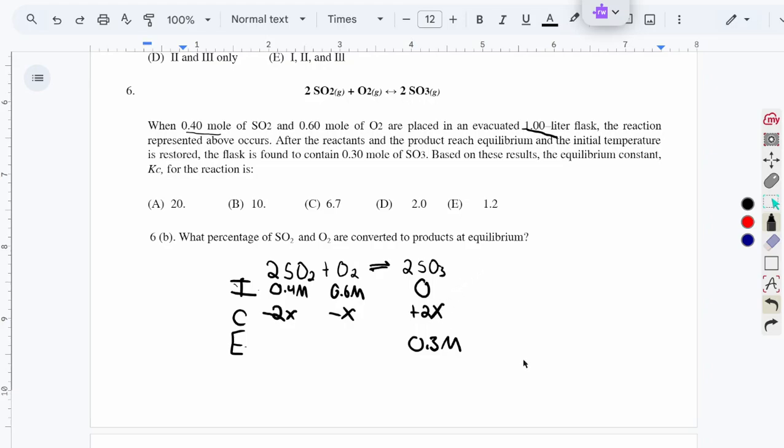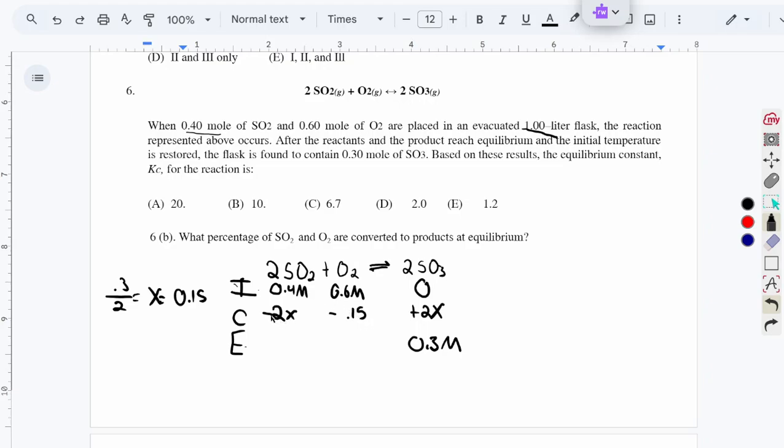And so here it's pretty obvious that x is equal to 0.3 divided by 2, which is equal to 0.15. So let's go in and replace these numbers in here. So this x is 0.15.